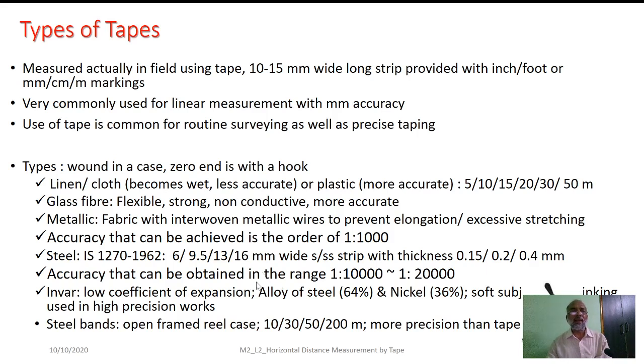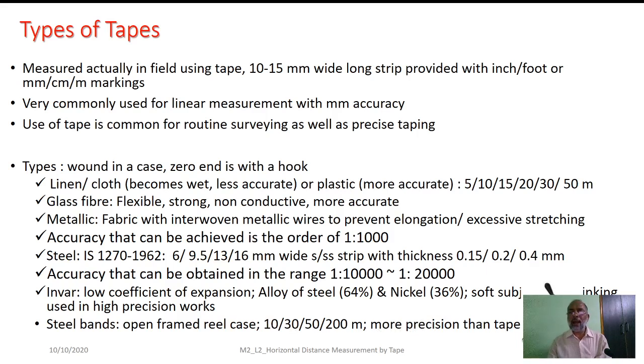Steel band is one more old but helpful version, which is available in some open framed reel case. In fact, the figure that is shown here is nothing but an open framed reel case. It may have a length of 10 meter, 30 meter, 50 meter, 200 meter, and having more cross sectional area, it is more precise than steel tape.